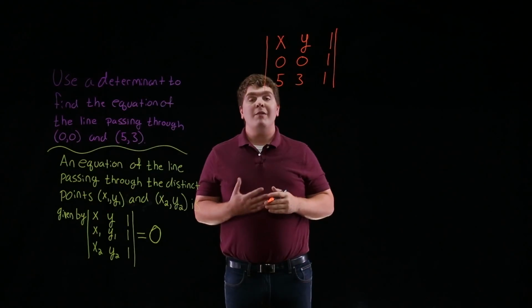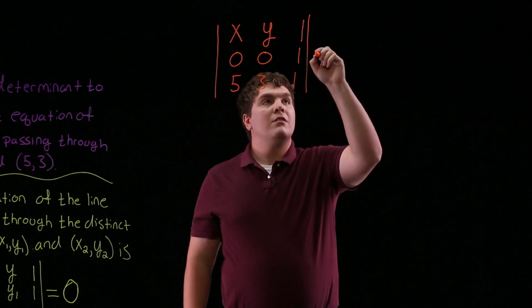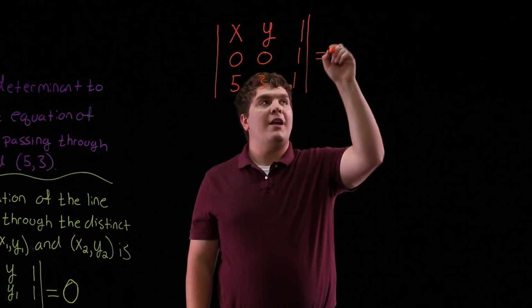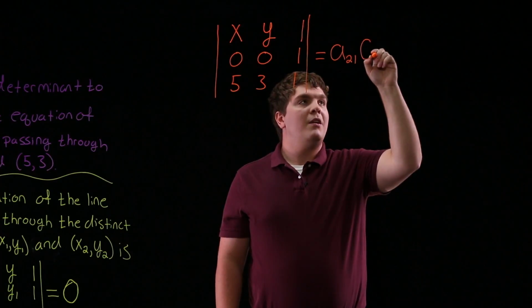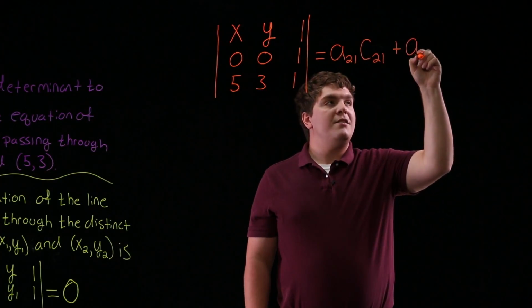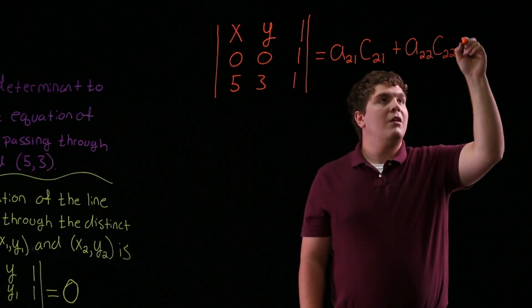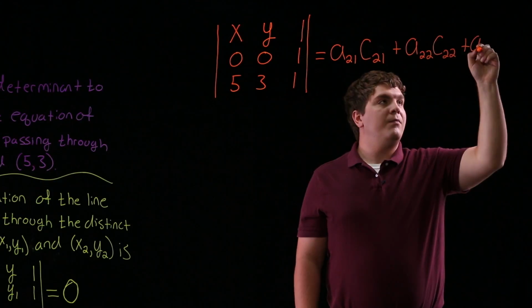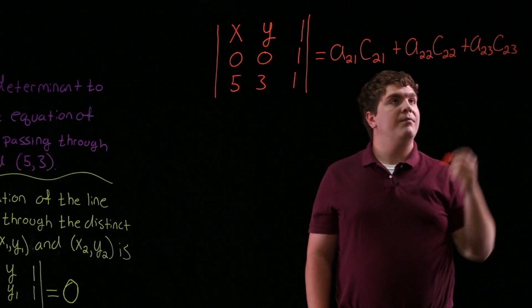Here, it would probably be easiest to expand along the second row. So our determinant will be A21 times the cofactor C21 plus A22 times the cofactor C22 plus A23 times the cofactor C23.